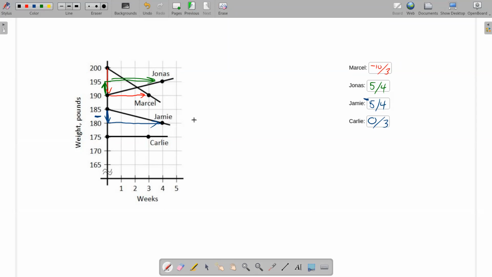So just another note on slopes. Marcel and Jamie, both of their graphs go downhill from left to right. So I'm a little left-right challenged.